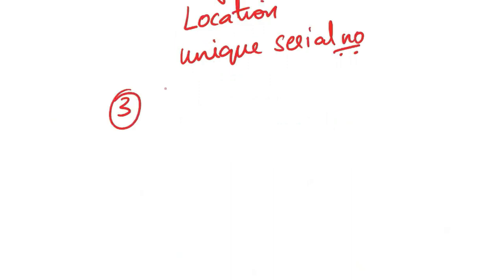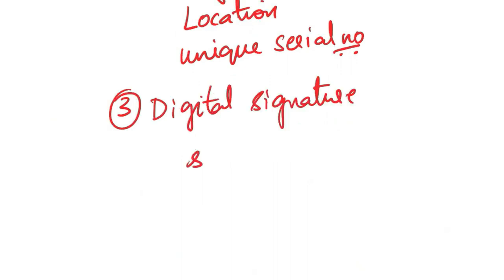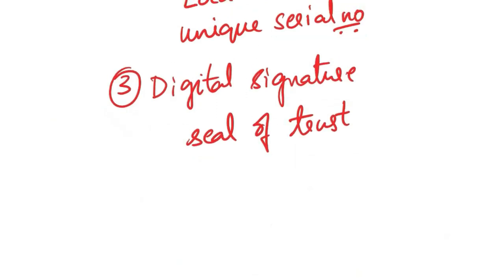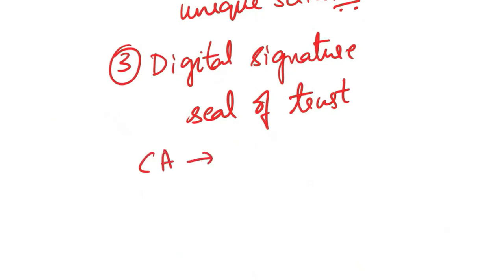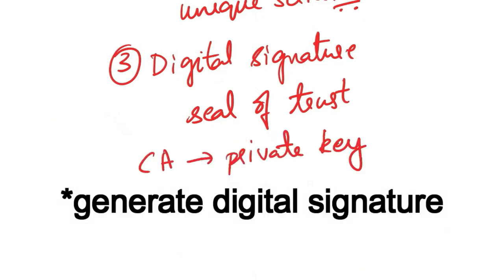The third key component is digital signature. It serves as a seal of trust. It is created and added to the certificate by a trusted certificate authority, CA. So the CA uses its private key to generate the digital signature.